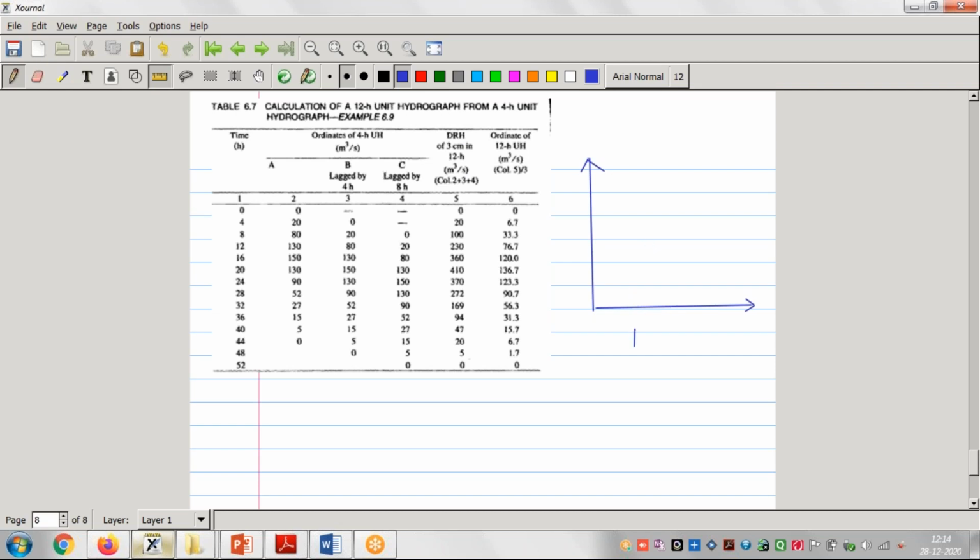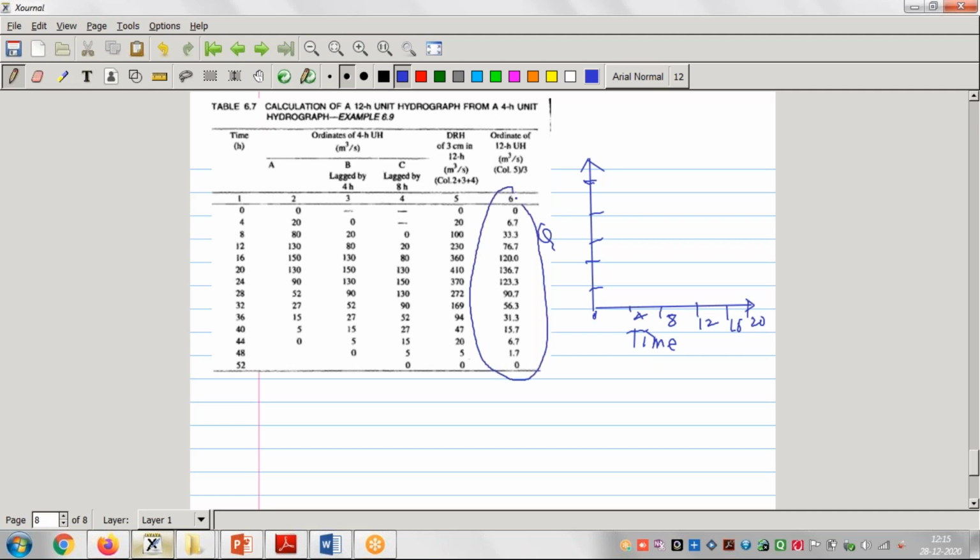See, on the x-axis, I have time, right? On the y-axis, I have the Q value. After 0, then 4, then 8, then 12, then 16, 20, likewise. And here on the y-axis, this is the Q value.